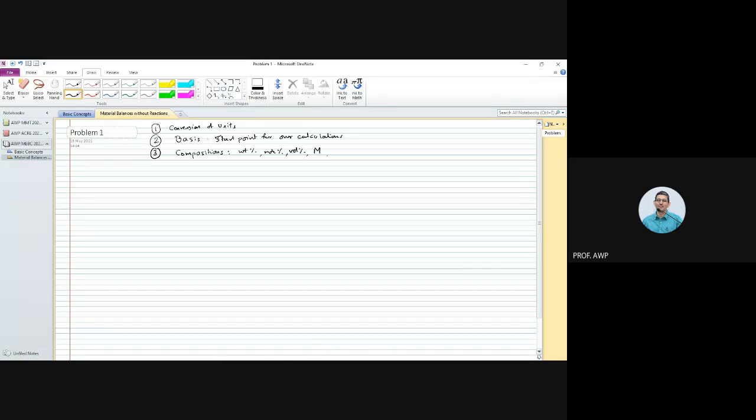We talked about molarity, molality, normality, parts per million by weight. It could be parts per million by moles, right? All these different ways of expressing compositions in a mixture or in a solution. We talked about those. What else did we do?